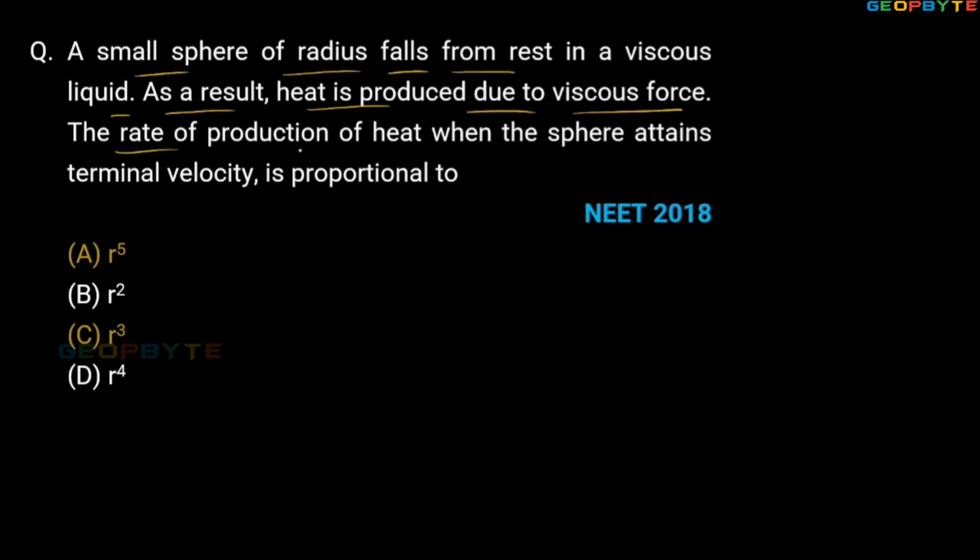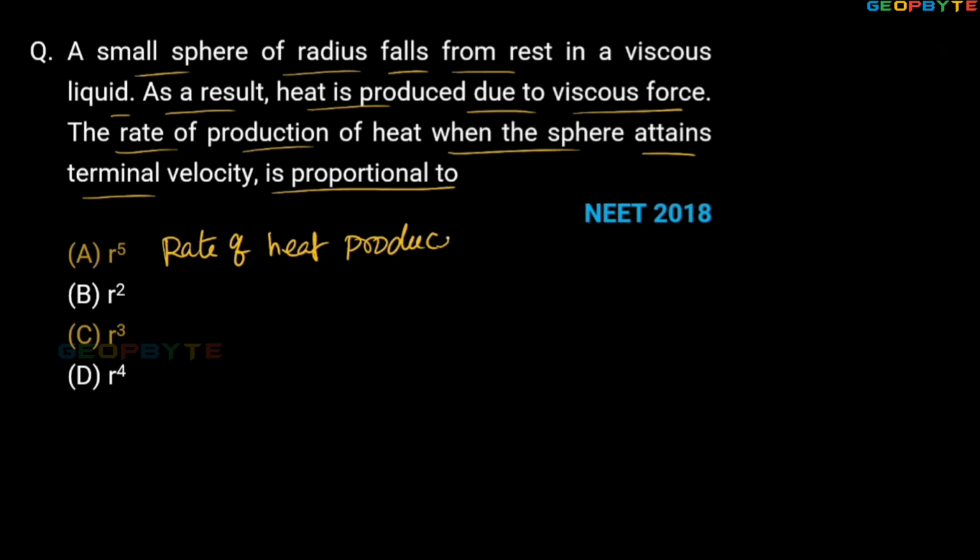The rate of production of heat when the sphere attains terminal velocity is proportional to? Here, as you know, the rate of heat produced equals the power due to viscous force.